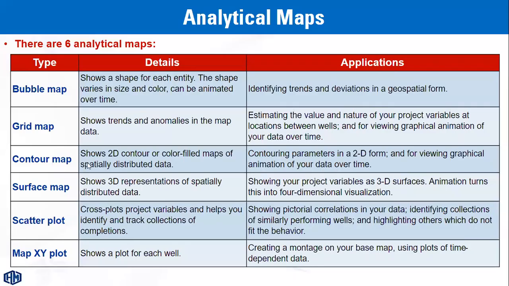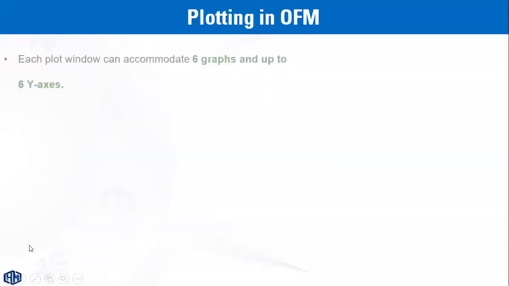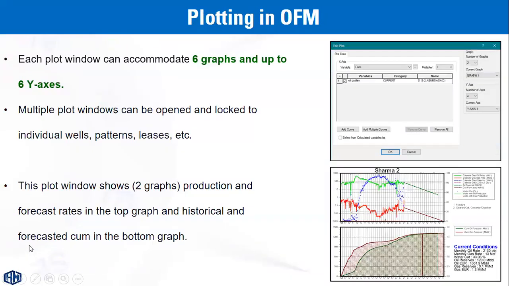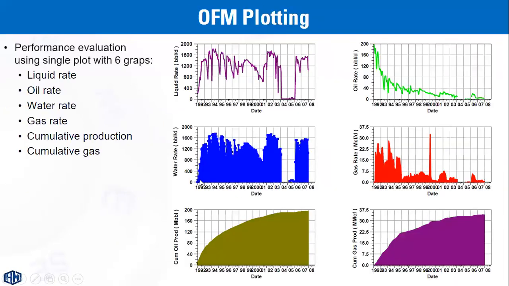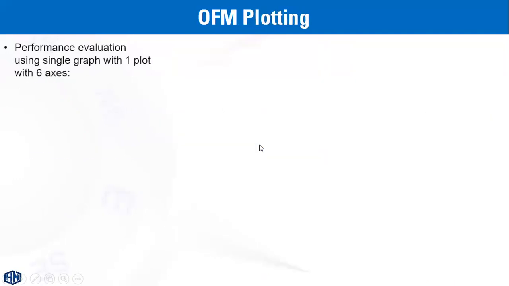So, as mentioned, we have several plotting and analytical mapping tools, including bubble mapping, surface scatter mapping, and XY maps, and so on. In every graph in OFM, you have the ability to use up to 6 graphs and up to 6 y-axes, and this is the 6 graphs in the same plot.